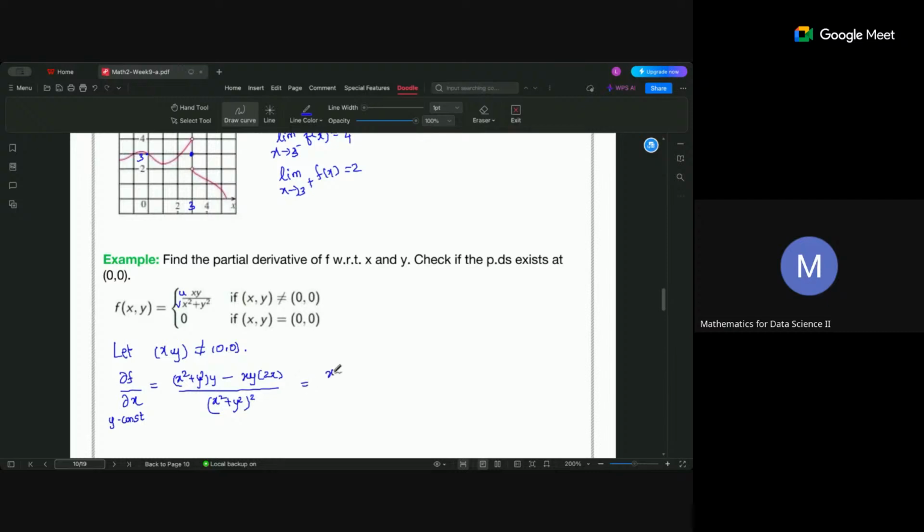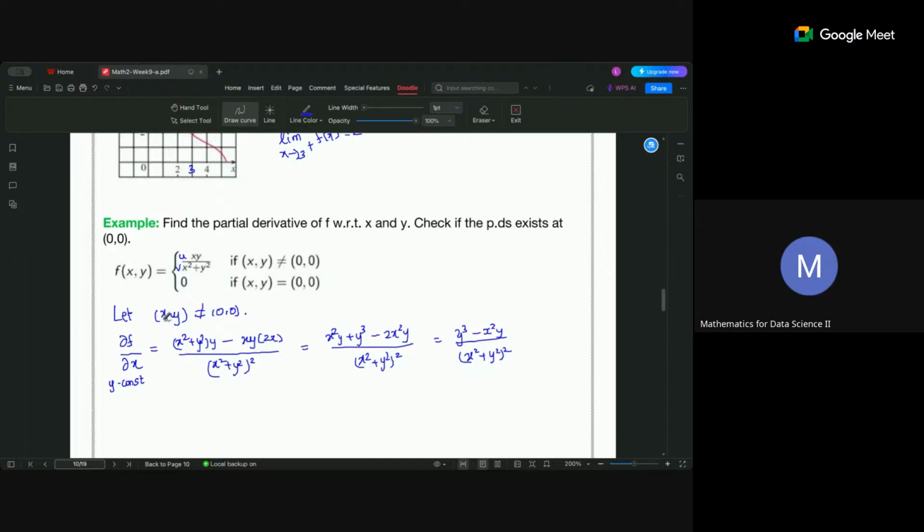So x squared y plus y cube minus 2x squared y, by (x squared plus y squared) the whole square, which is (y cube minus x squared y) by (x squared plus y squared) the whole square. Note that this is for all non-zero points (x, y) not equal to (0, 0).